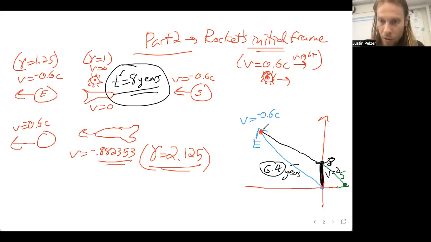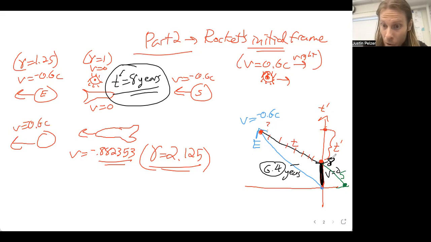So the question is, when do these intersect? And if you use the time that elapsed between when the rocket turned around and when it crashed into Earth again, or softly met Earth again in space and time, you can figure out the time dilation for the rocket.